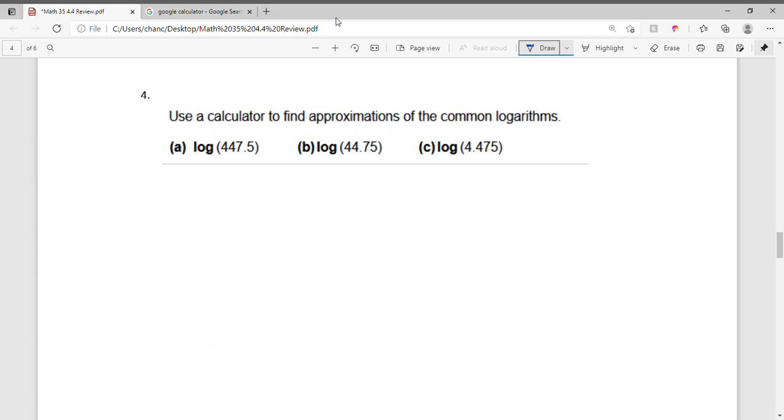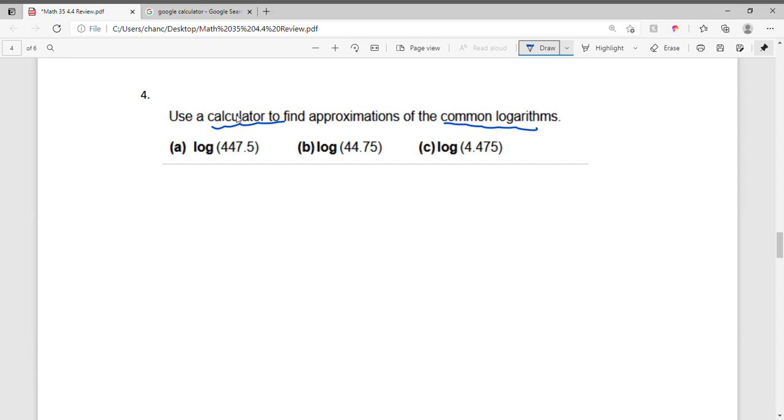Question 4, let's use our calculator to find the approximations for the common logarithms. When we say common logarithms, we're going to use base 10. Type these in your calculator and let's see if you get the same answers. If you don't, make sure you ask questions on how to use your specific model calculator. I'm going to go to Google and use their calculator.